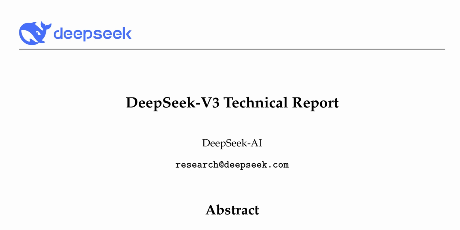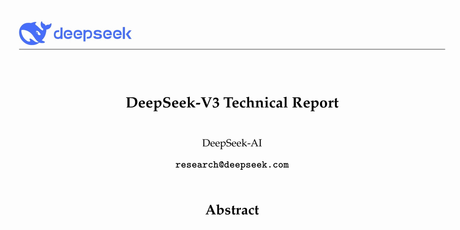In Table 3, we compare the base model of DeepSeek-V3 with the state-of-the-art open-source base models, including DeepSeek-V2-Base, our previous release, Qwen2.5 72B Base, and LLaMA-3.1 405B Base. We evaluate all these models with our internal evaluation framework and ensure that they share the same evaluation setting.